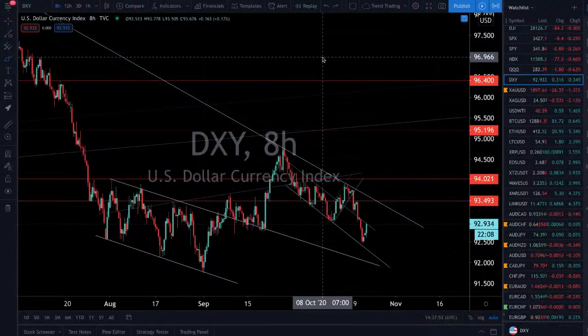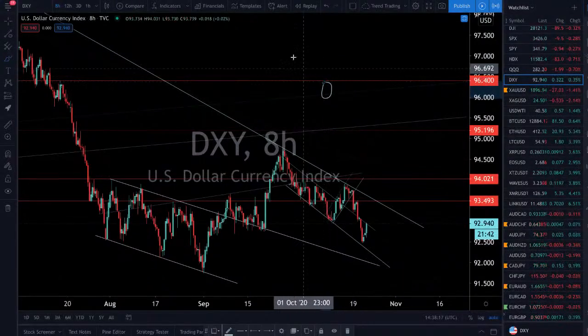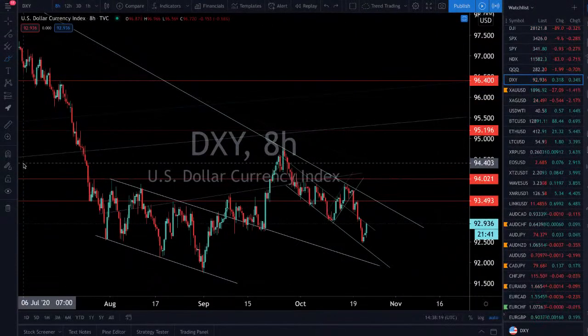I'm sure it's a setup that others have observed; I'm just basing it off of what we do here and my own observations. Just like support and resistance, obviously that's the furthest thing from being unique to myself, as well as trading off of trend lines and chart patterns. No, there's no way I claim that. And same thing with this, but it's something I observed. I'm not sure what other people call it.